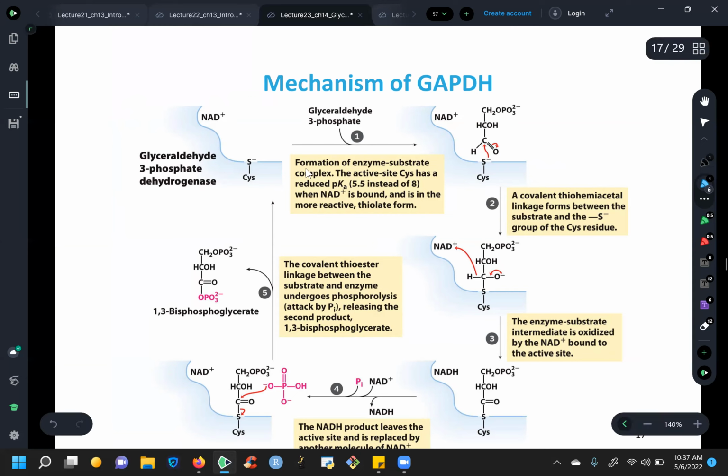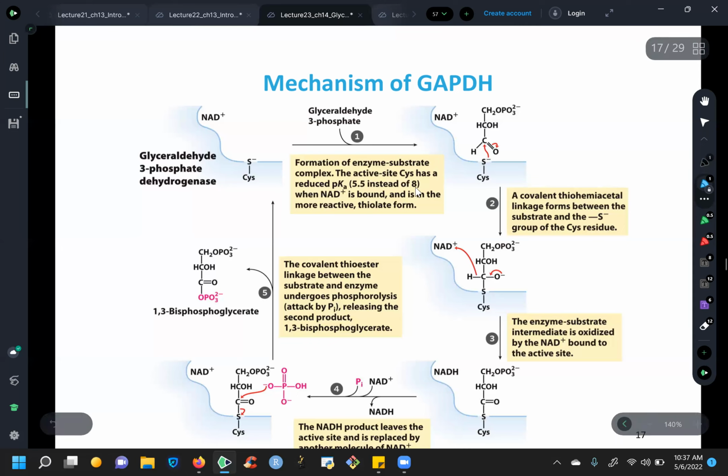Okay, so, glyceraldehyde 3-phosphate, formation of enzyme substrate complex. The active site cysteine has a reduced pKa of 5.5 instead of 8. So pKa, let's refresh our minds. The pKa is the pH at which that group will donate its proton.